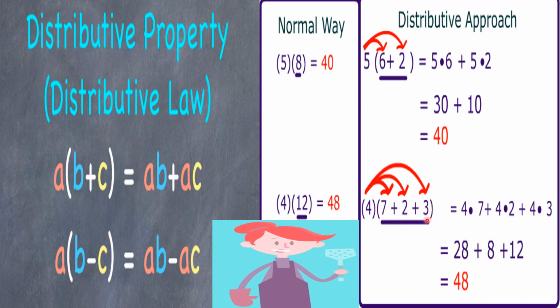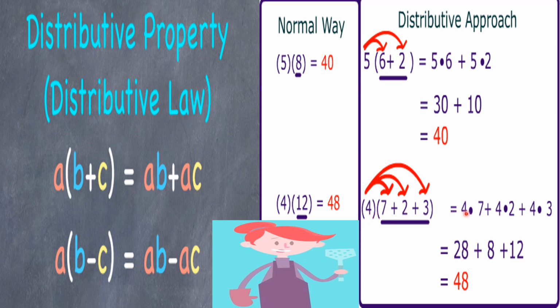After splitting the number, you have to be careful that you should not forget to distribute this 4 to all these three numbers. Here you have only one number, so you directly multiply 4 into 12, 48. When this 12 is split as 7 plus 2 plus 3, we should not forget to distribute this 4 to 7, distribute this 4 to 2, and distribute this 4 to 3.